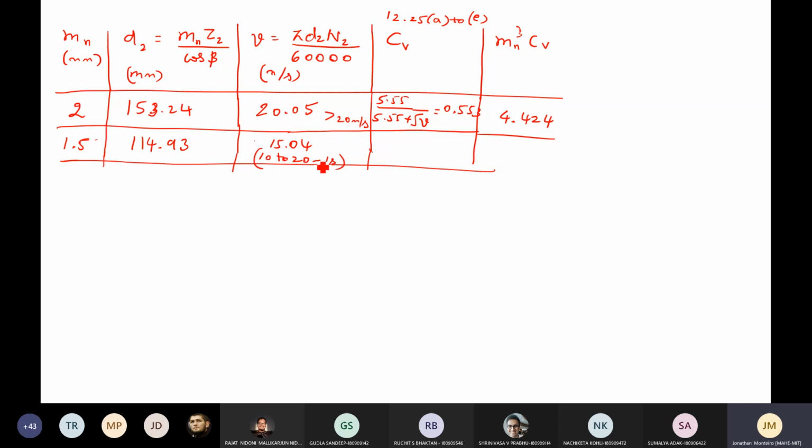So considering this range, we'll go with Barth's formula, that is 15.25 by 15.25 plus V. We'll go with 0.503, and mn cube Cv will be 1.69.